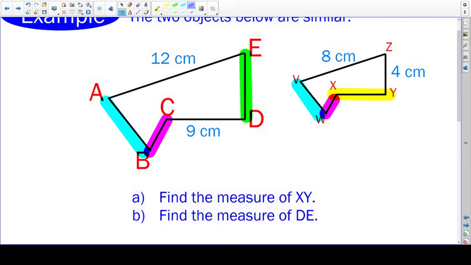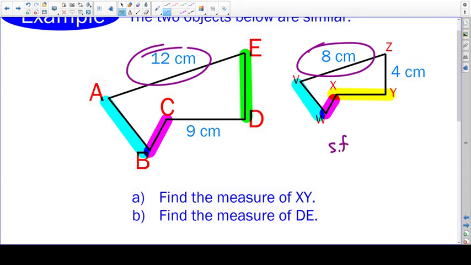So I have to pick corresponding pairs where I know both of the sides. So, of course, the 2 sides with corresponding pairs that I do know are AE and VZ. So I'll divide the bigger one by the smaller one to find the scale factor. So scale factor is going to be 12 divided by 8, which is exactly 1.5.